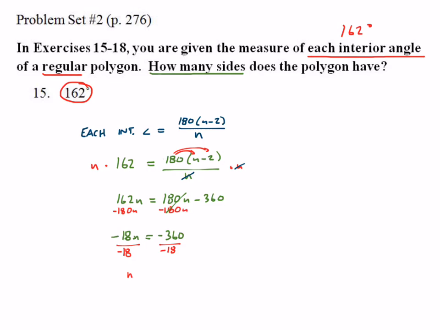And I should find that n is equal to 20. So I want to answer the question, and I'm going to say the polygon has 20 sides.